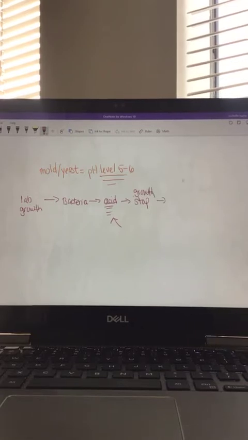So what we do in the media, when we culture it, is we add buffers. These buffers are peptones, amino acids, and phosphate salts.